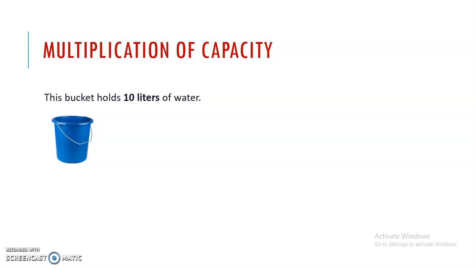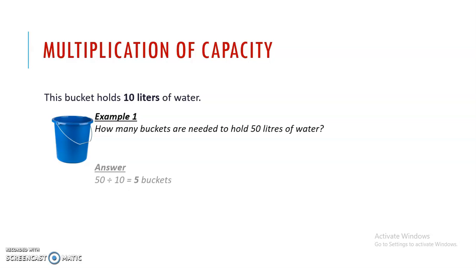Now let's go to the multiplication of capacity. As you can see in this diagram, the bucket holds 10 liters of water. First question, how many buckets are needed to hold 50 liters of water? One bucket holds 10. How many buckets would hold 50?